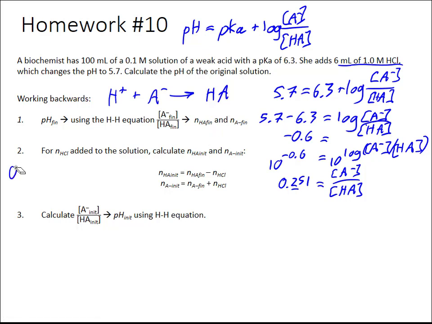So in the problem we see we have 100 milliliters of 0.1 molar, and I'm just going to give that as moles per liter, so we can see how liters cancel out. And that gives us 0.01 moles, which I like to think of as 10 millimoles.